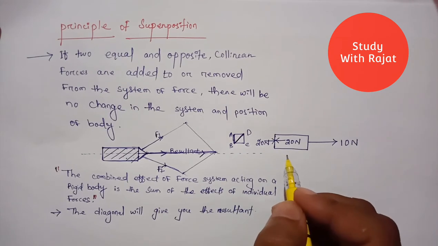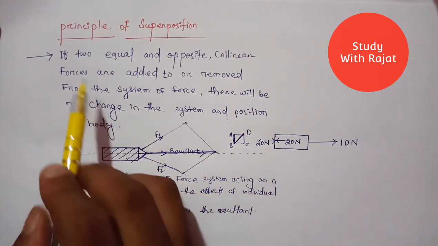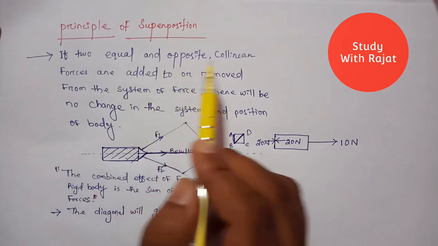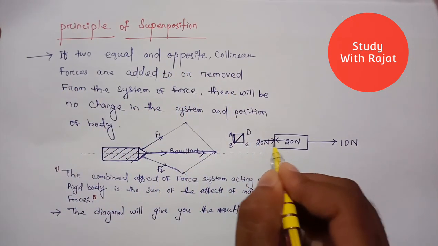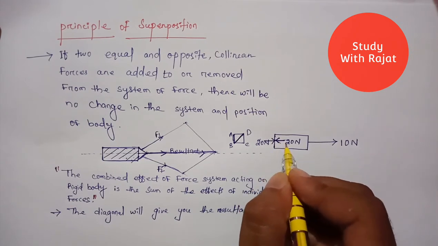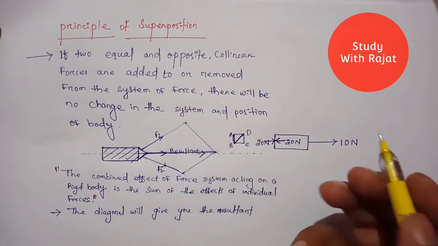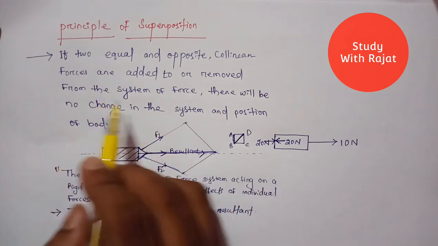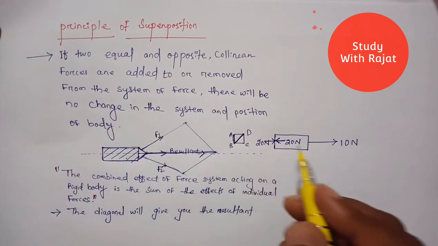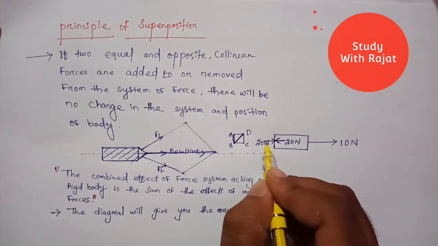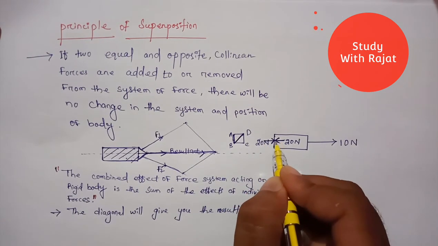So it says that if two equal and opposite collinear forces are added, here we have added two extra forces, or you can remove the forces from the system of forces, there will be no change in the system. So here the forces are in equilibrium.